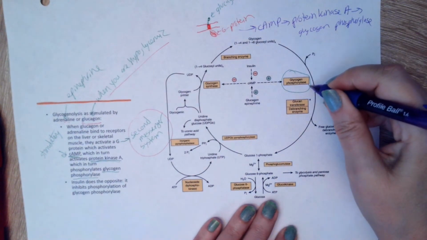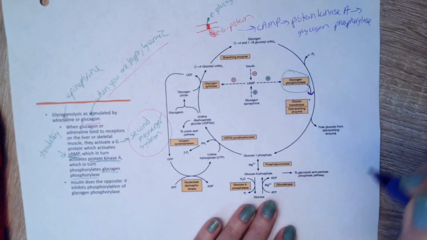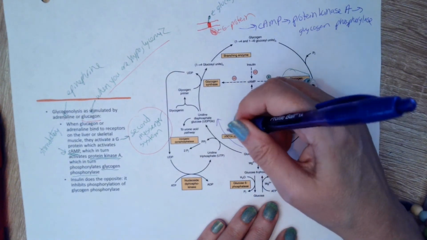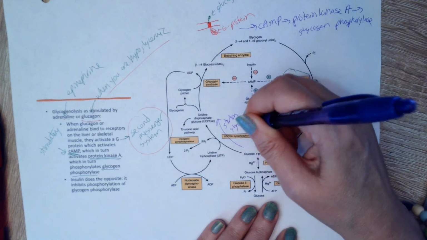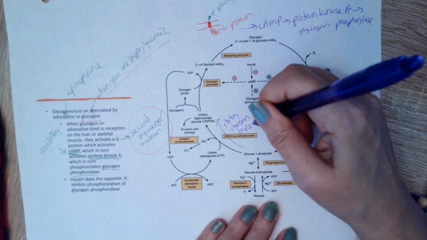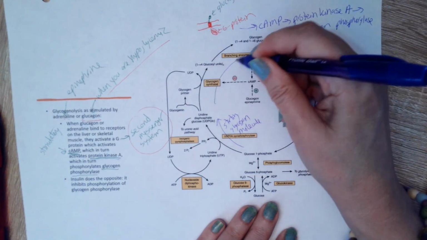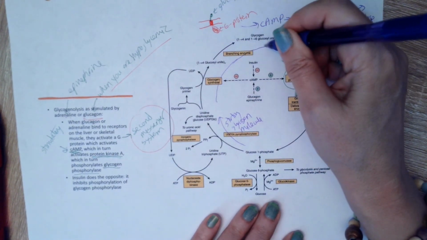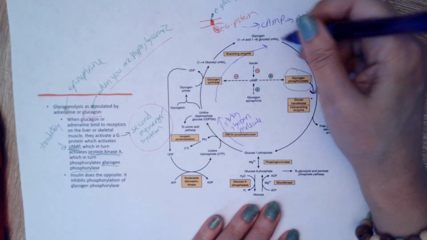which starts sending us down this side of our pathway. Remember, over here, we are starting our glycogen molecule. With glycogen synthase then starting to link the glucose molecules together, the branching enzymes start causing them to turn into like a little tree shape.